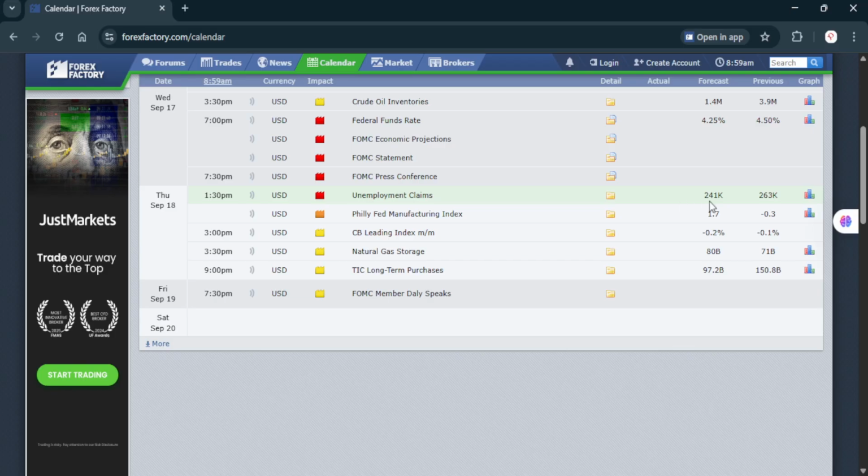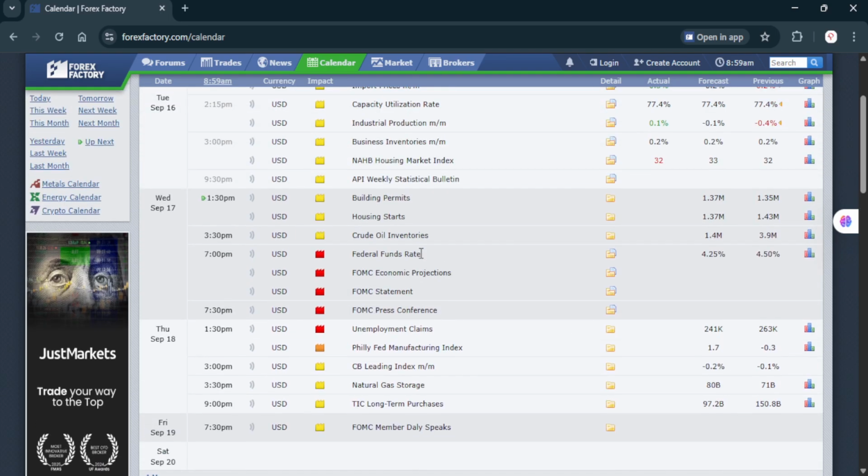You understand? But if it increases above this actual, all right, it means that a lot of persons filed for unemployment in the US, so it's going to affect the dollar. All right, so that is how to read this news.